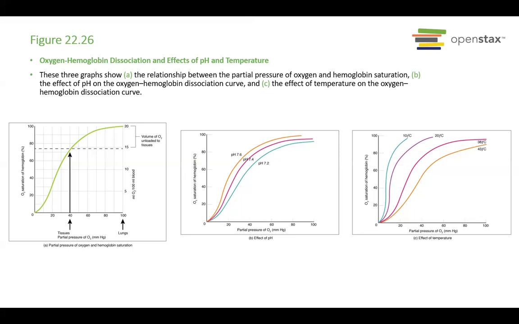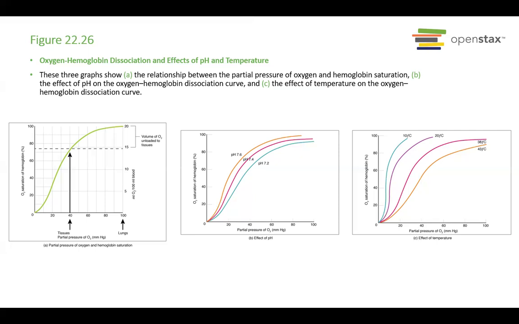Same thing with hemoglobin. If the acidity is high, if the temperature is too hot, the worse things get, the more the graph is going to shift to the right. What does it mean when the graph shifts to the right? It means that now hemoglobin is going to give you even more extra oxygen because you need even more.